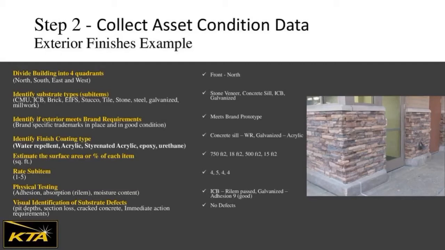And then the sub items or components will be rated. In this case, it's a 1 to 5 scale, 1 being bad and 5 being good.